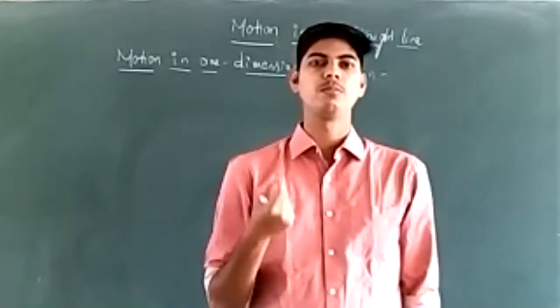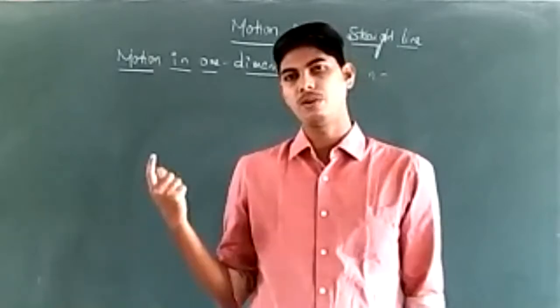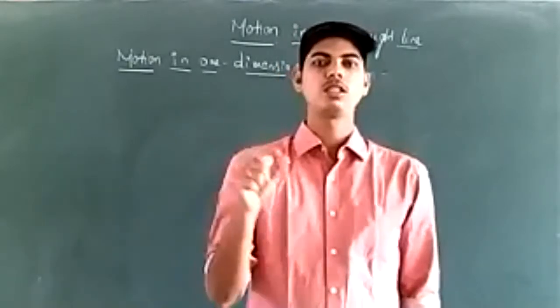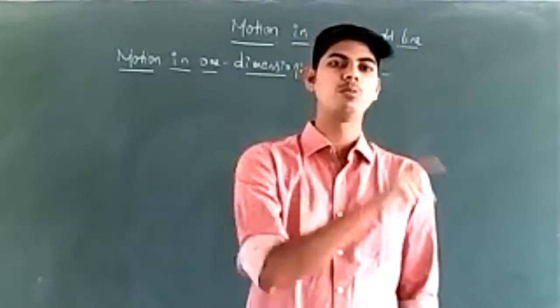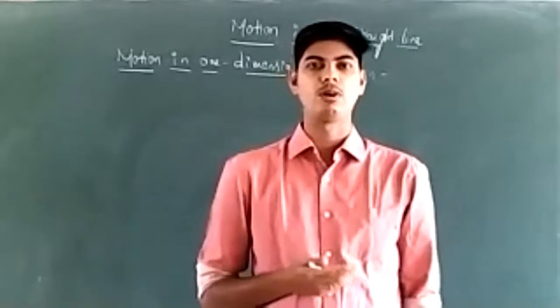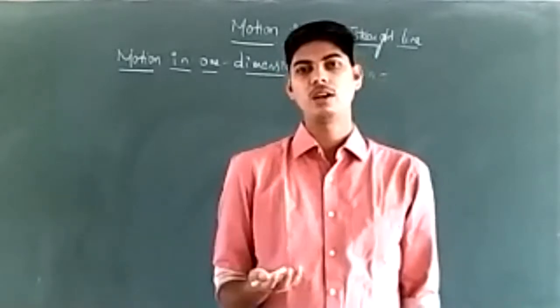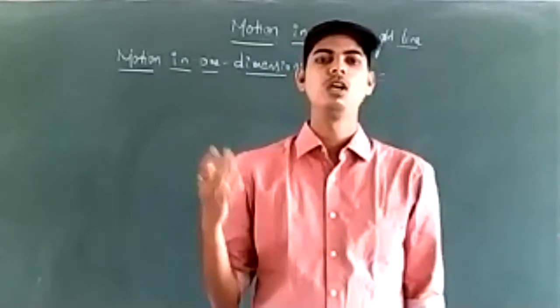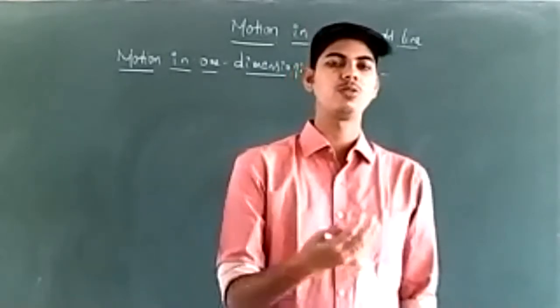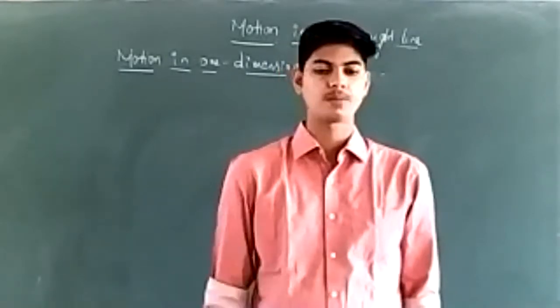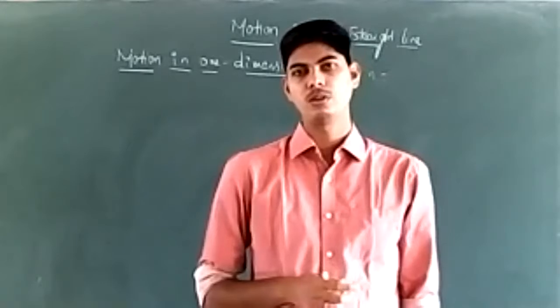So an object may be at rest when you see it from one frame of reference, and the same object may appear to be in motion if you see it from some other frame of reference. So whether an object is at rest or in motion depends upon the frame of reference from which you are looking at that object. So that's the concept of frame of reference.